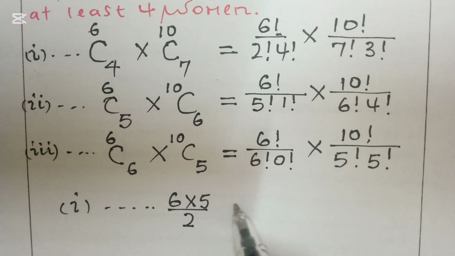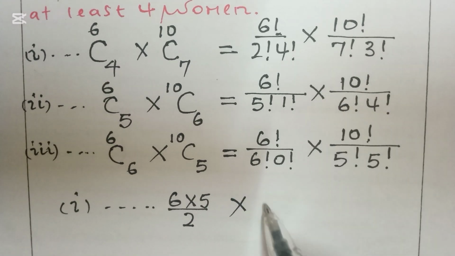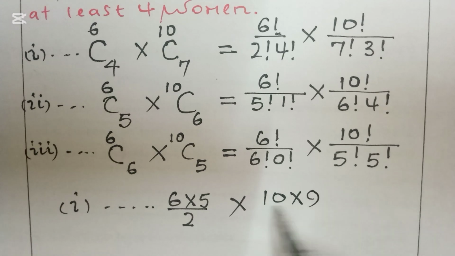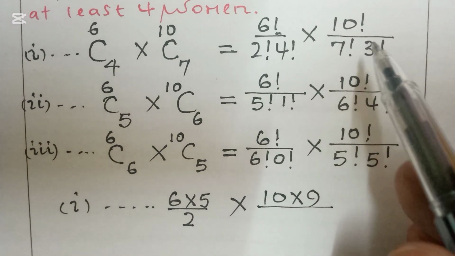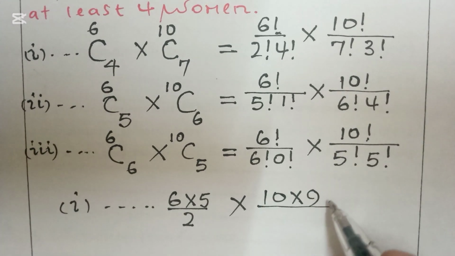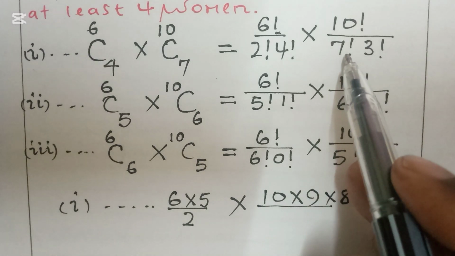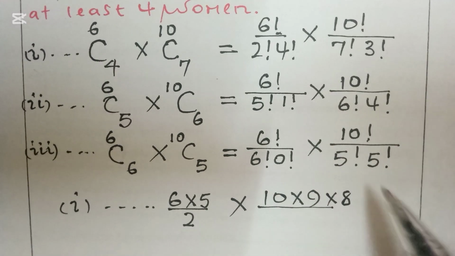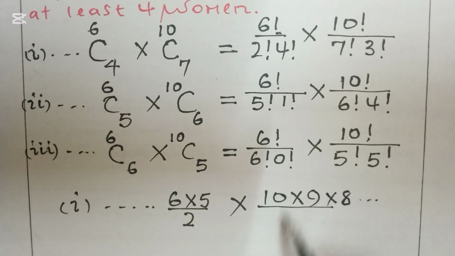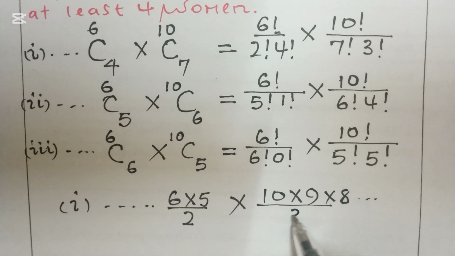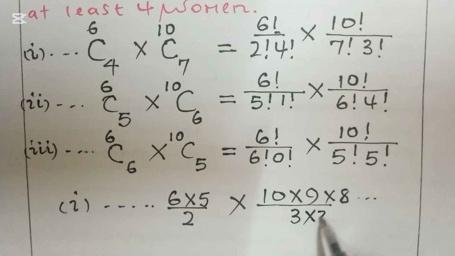Then times 10 multiplied by 9 all over 9 times 8. Then I don't write 7 because 7 can be cancelled by the rest of the numbers here. So I will write now 3 times 2, like that.